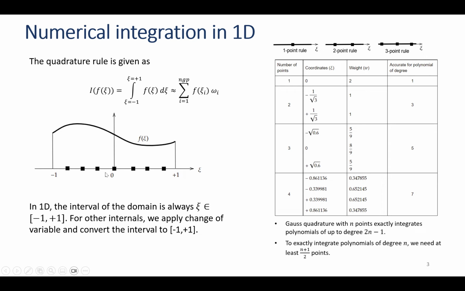Depending upon the number of points that we use, we have, like, a 1 point quadrature rule. In this 1 point rule, there is only one Gauss point, and it is at the center, so xi equal to 0. The xi coordinate is 0, and the weight omega is 2.